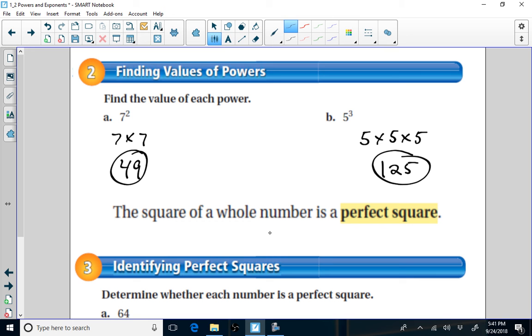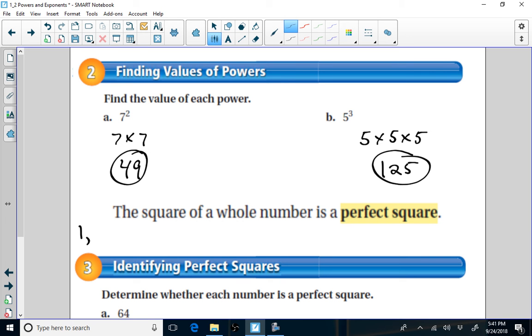In class, we talked about the square of a whole number is a perfect square number. So I want you guys to make a list of perfect square numbers, and it would look something like this. Your first perfect square number you would find by taking 1 and multiplying by itself. So 1 times 1 is 1. 1 is your first perfect square number.